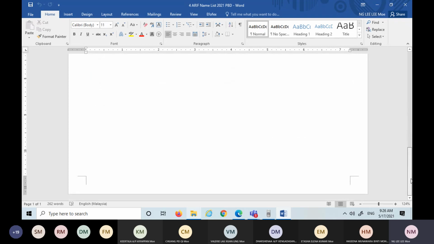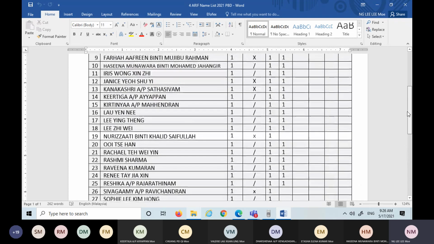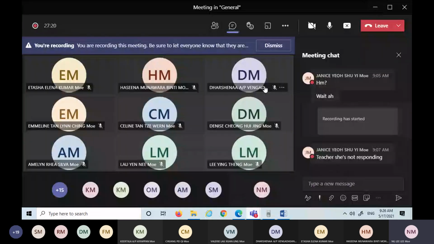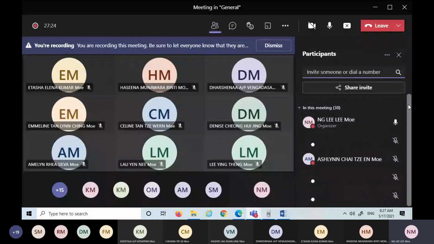So now Sophie Lee and Siva, are you here? This question may not be so easy to answer. All here already, except one girl. I don't know whether Izati is here.